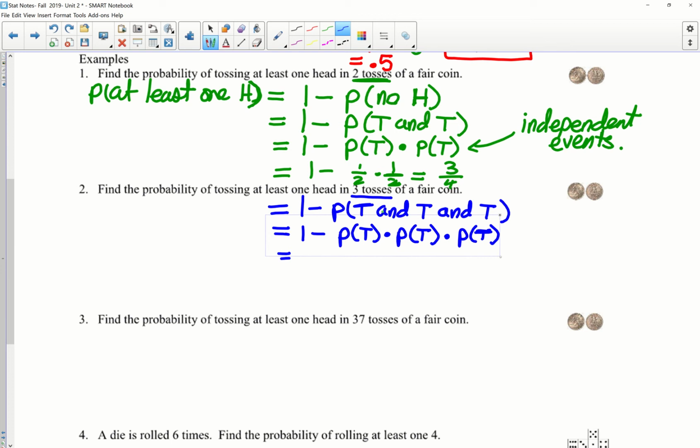Also something you can type in the calculator. So same idea here: 1 minus 1/2 times 1/2 times 1/2. You just pop that in your calculator.